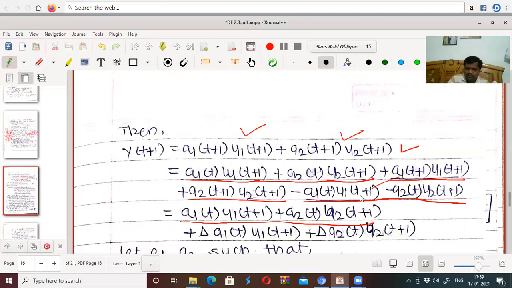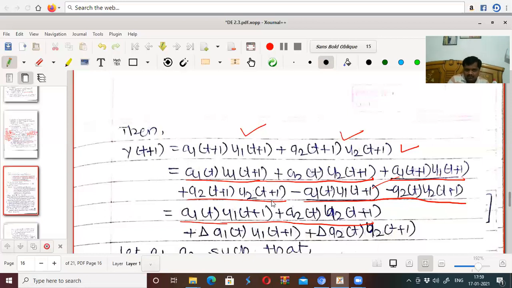From these two, u1(t+1) is common and it remains a1(t+1) minus a1(t), that is Δa1(t). So we get the term Δa1(t) into u1(t+1), or u1(t+1) into Δa1(t), whatever. Plus, now we'll go for the fourth and sixth.